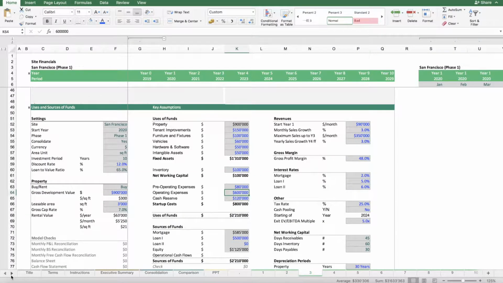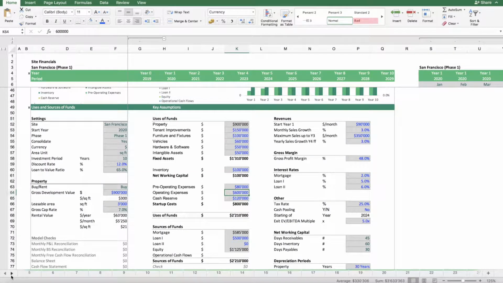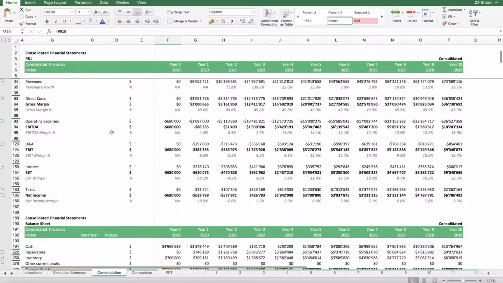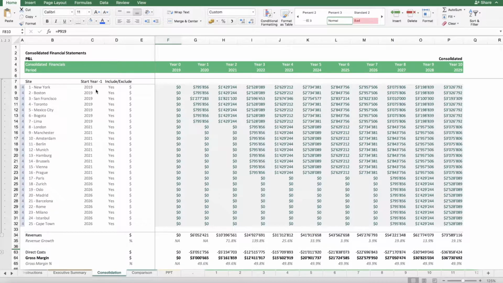The model here contains up to 25 locations. If you need more locations, in principle you can work through the consolidated sheet, and for each of these line items you would need to copy one of these site sheets. Then you have number 26, you add it here.